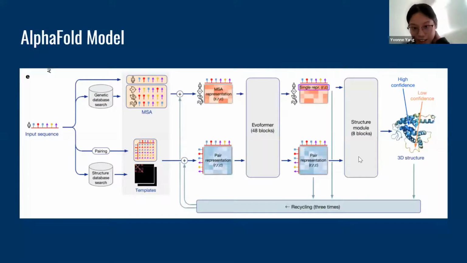Right, so this is the actual architecture of AlphaFold, specifically the version they used in 2020. I'll have to admit that this is a huge model, and the paper itself in Nature is 20 pages.